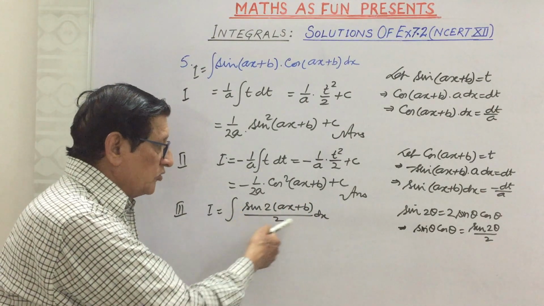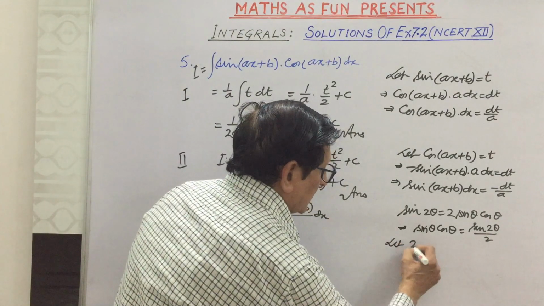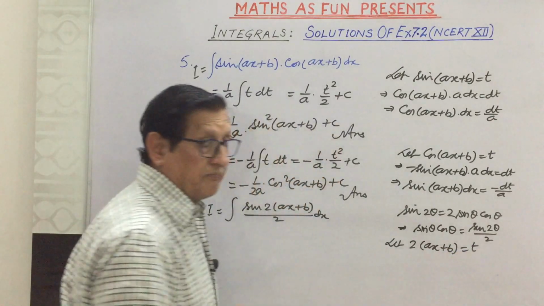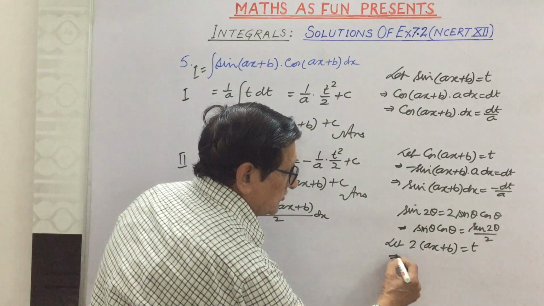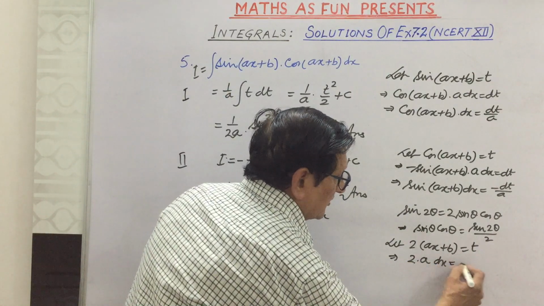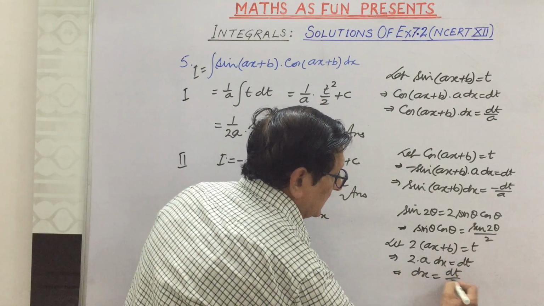And here we can take 2 into (ax + b) as t. So we write, let 2 into (ax + b) equal to t. Differentiating this with respect to x, we get 2 into a dx is equal to dt, or we can say dx is equal to dt upon 2a.